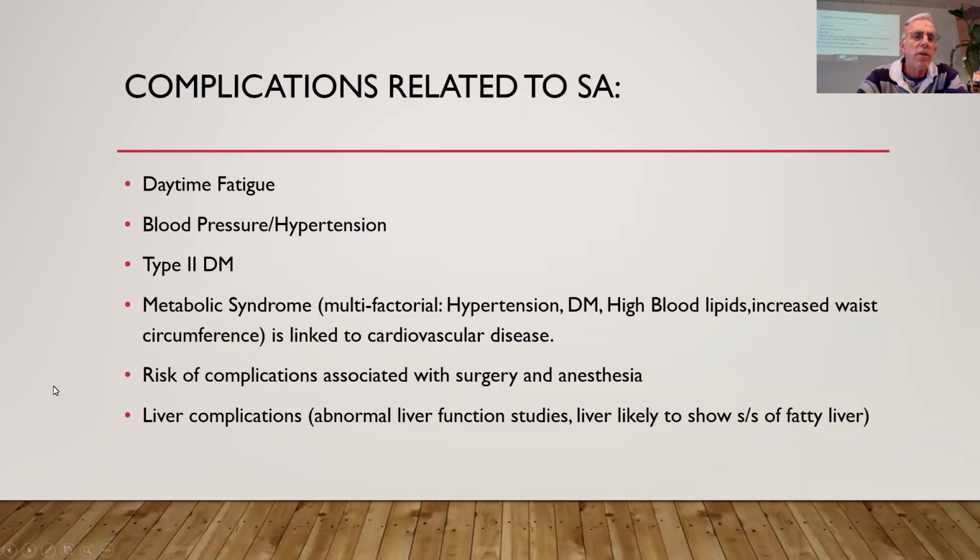Okay, we have already talked about a lot of these things. There is a couple other things I'll mention. The metabolic syndrome, which is a multifactorial syndrome that follows sleep apnea: the hypertension that can result, the type 2 diabetes that has a potential to result from your apnea, higher blood lipids, and increased waist circumference.